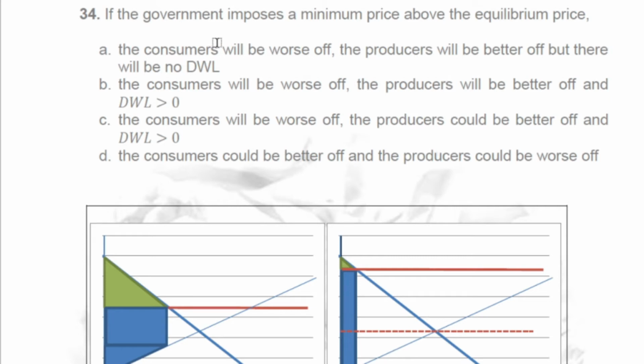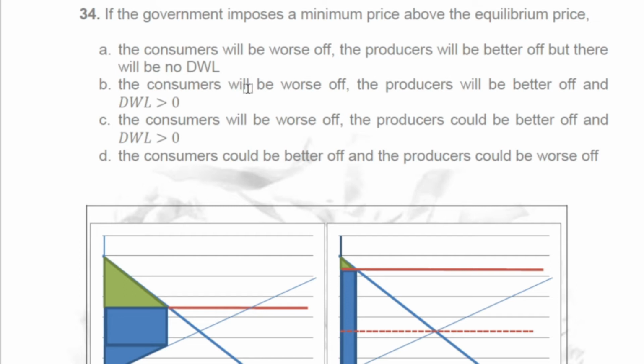The possible answers are different from the exercise we did before, but at the end it's the same. So be careful. A is not true because the producers will not be better off for sure. The consumers will be worse off.